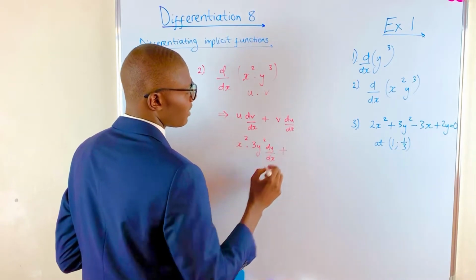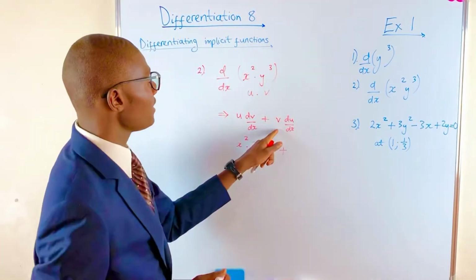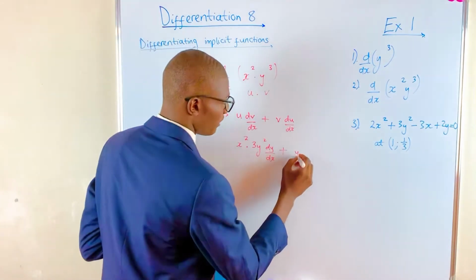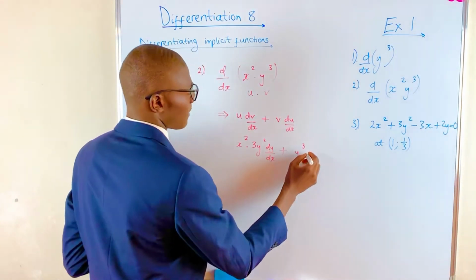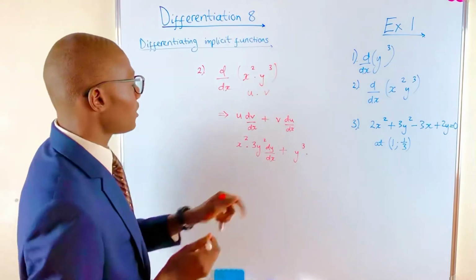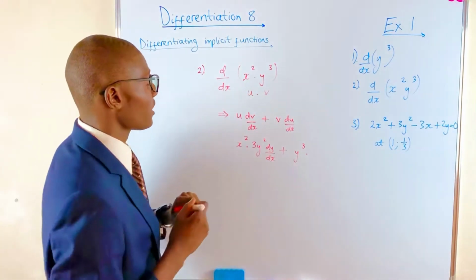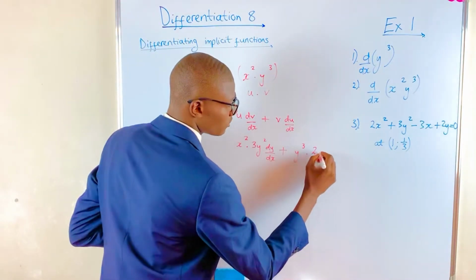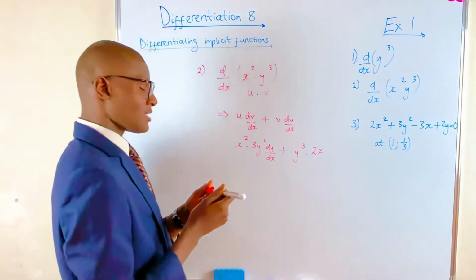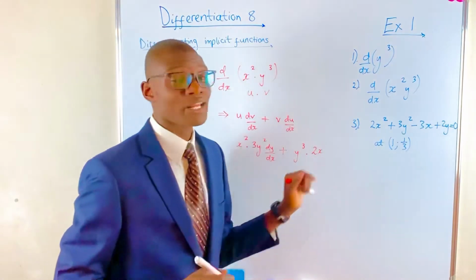Then we're going to say plus v, our v is y to the power of 3, times du by dx. So now we want to differentiate x squared with respect to x. We just drop the power 2, then multiply by x, and then subtract 1 from the power of 2 to get a power of 1.